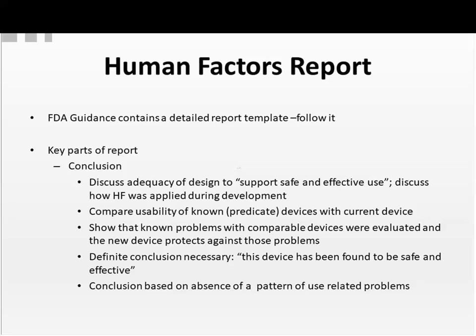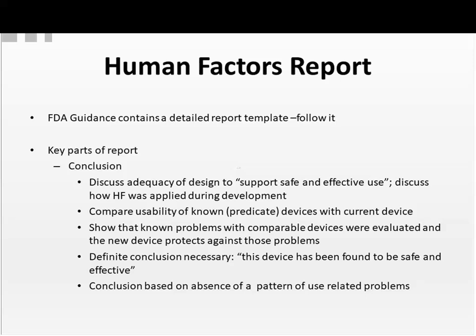I won't go through the detailed report because it's very clear in the guidance, but the key parts of the report are first the conclusion. You should discuss the adequacy of the design to support safe and effective use. Discuss how human factors was applied during development.